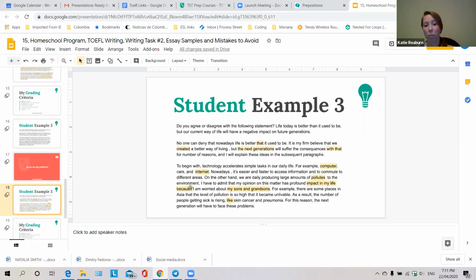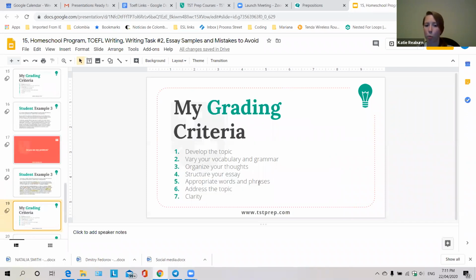It is one of the most popular and unfortunately most basic connectives, transitions. When you can, do your best to use something a little bit more complicated, a little bit more sophisticated. So that ties in with clarity and appropriate words and phrases.